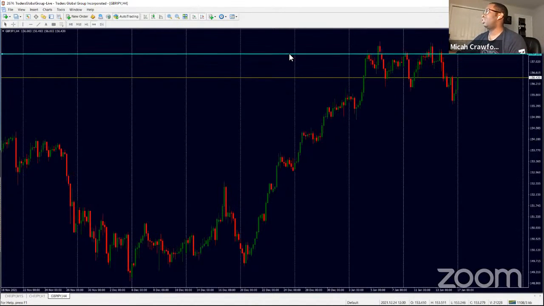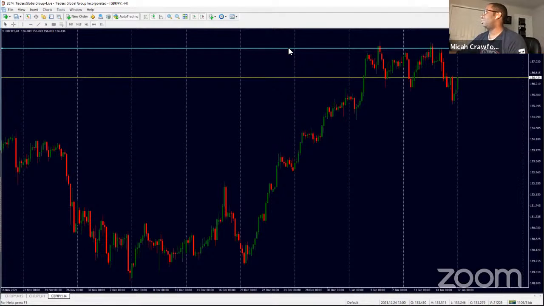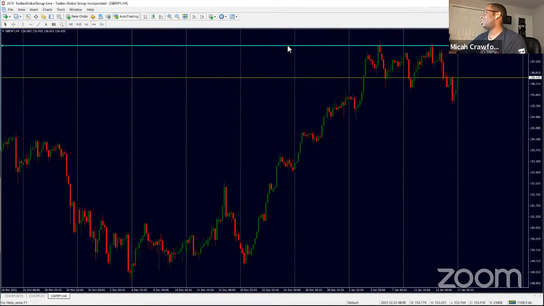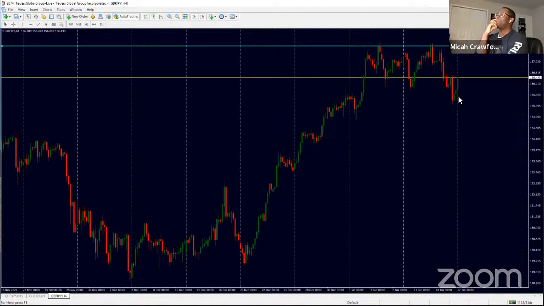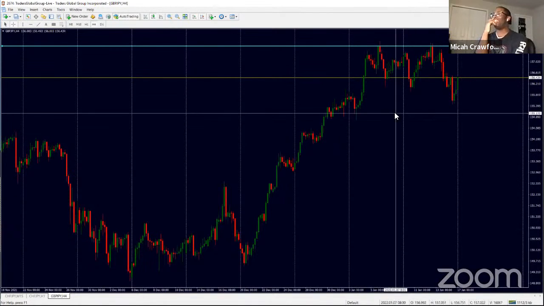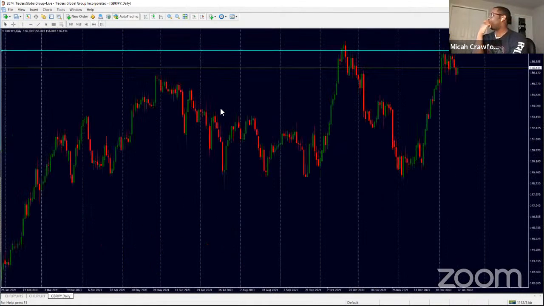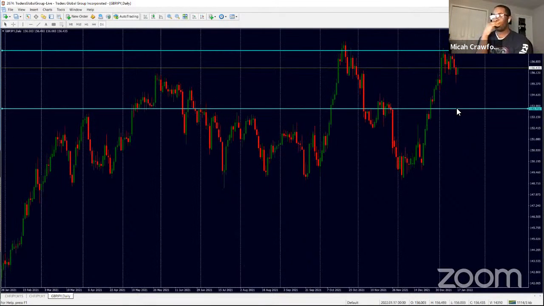If I'm not mistaken, did we really just retest 155,670? Oh, yes, we did. Put it on the daily chart and put a horizontal line at 155,670.